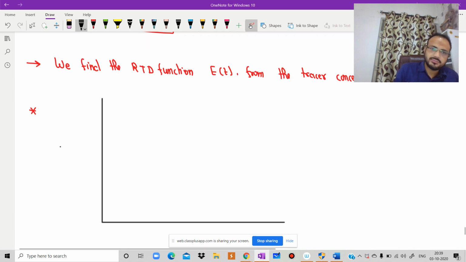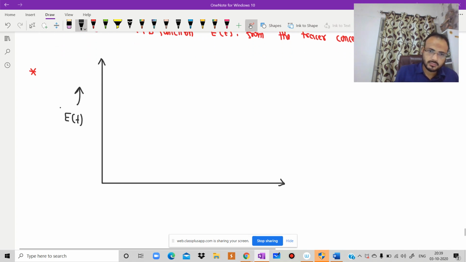Suppose we have this curve. This graph is between E versus t. The graph is like that.